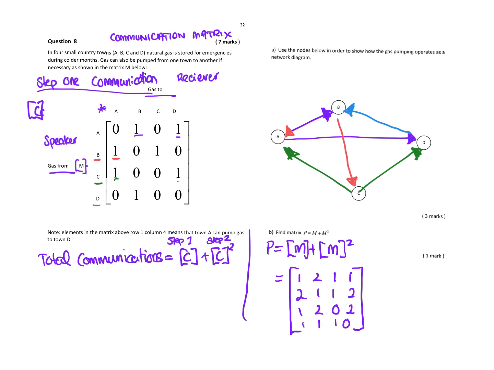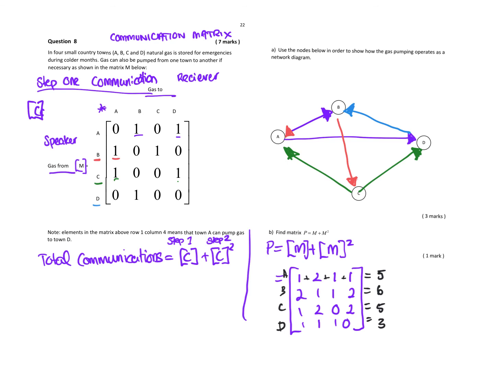If we think about it, this was the towns A, B, C, D. And what this is telling me, when you're adding up, is who can get the most gas from 1 and 2 step situations. Then you just add across the line. So that one is 5, 6, 5, and 3.